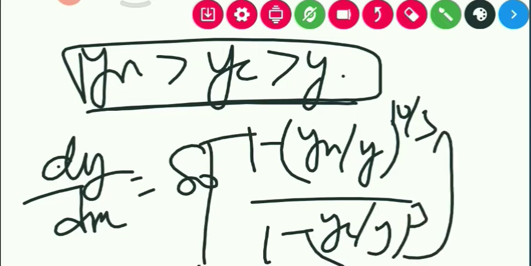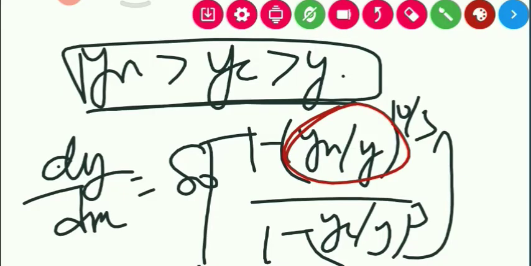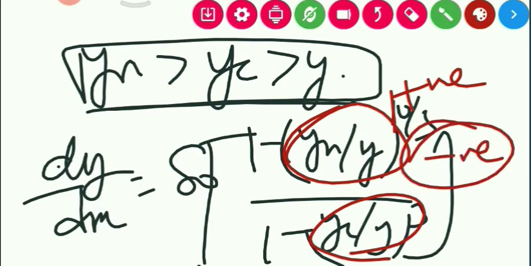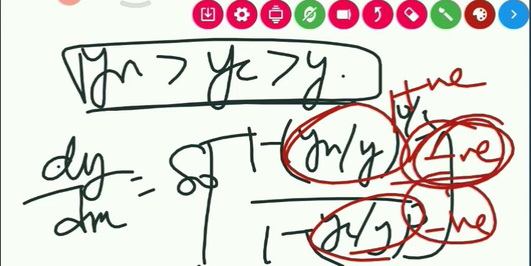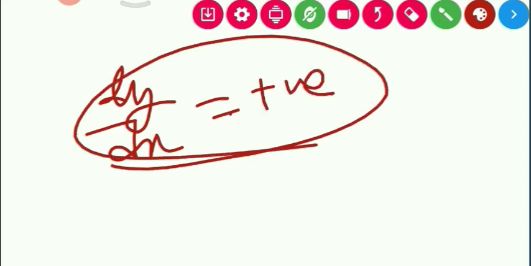Here yn is greater than y, so this term is greater than 1, so it is negative, and yc is greater than y, so this term is also greater than 1, so it is also negative. Negative by negative will give us positive. So overall dy by dx comes out to be a positive value, so the curve will be a rising curve.